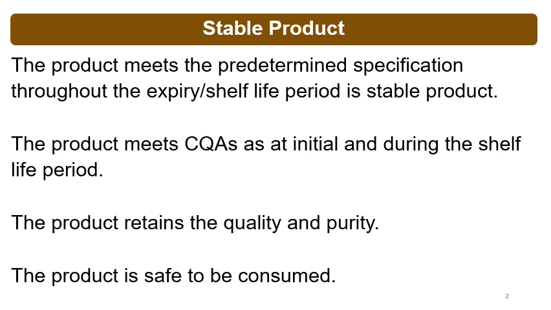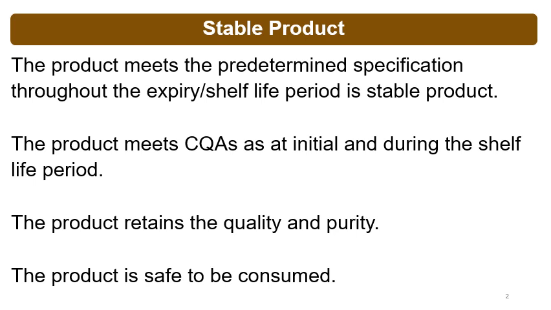For example, you have prepared a batch of tablet, you have tested it and you loaded it on stability. You have some specifications for assay, dissolution, water content, disintegration and the impurities. So you have tested and loaded it on the stability.